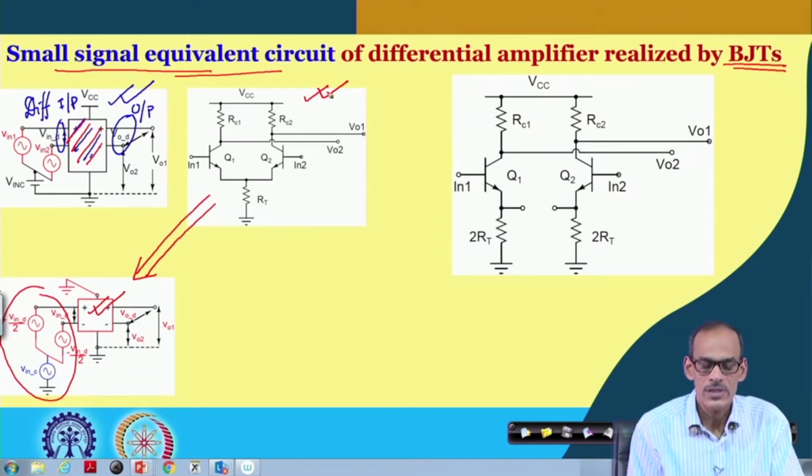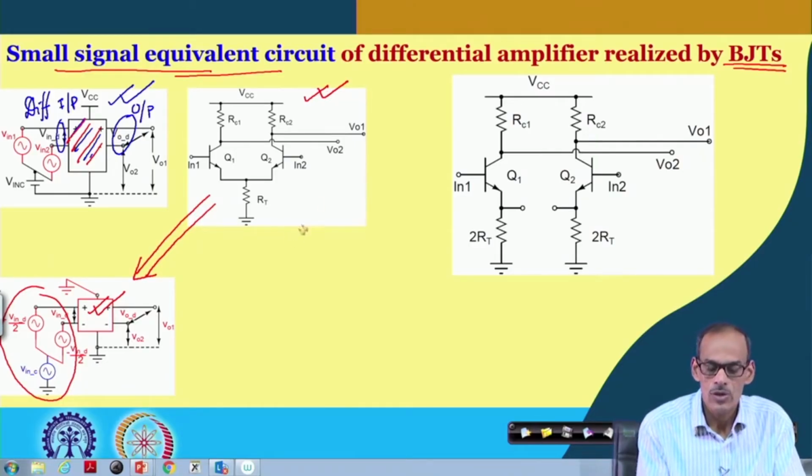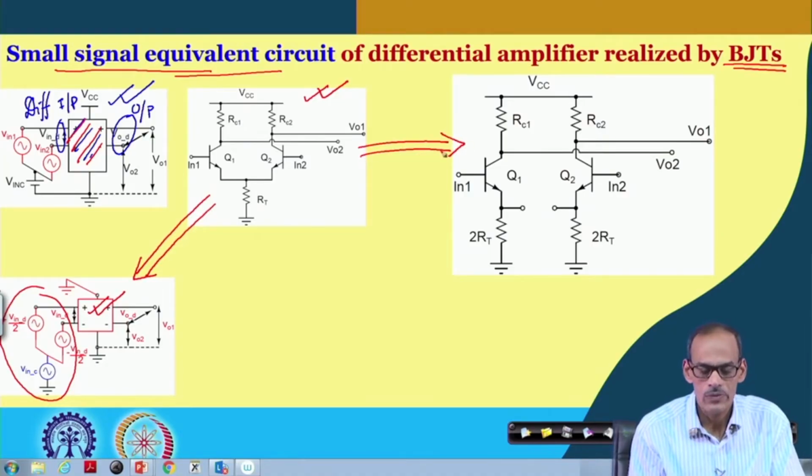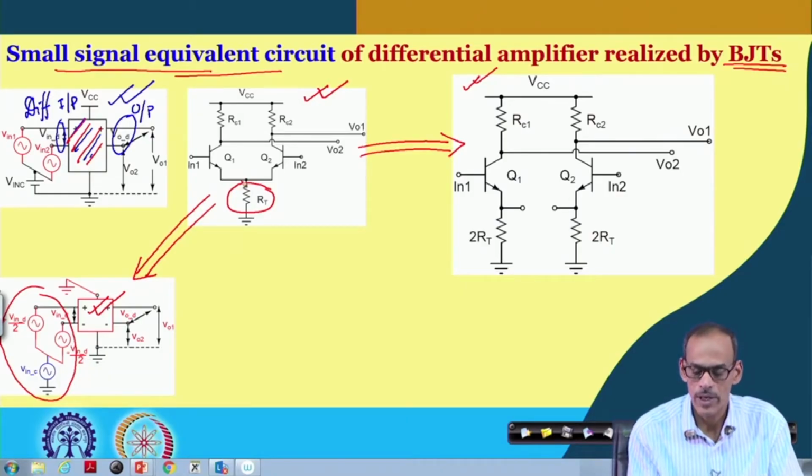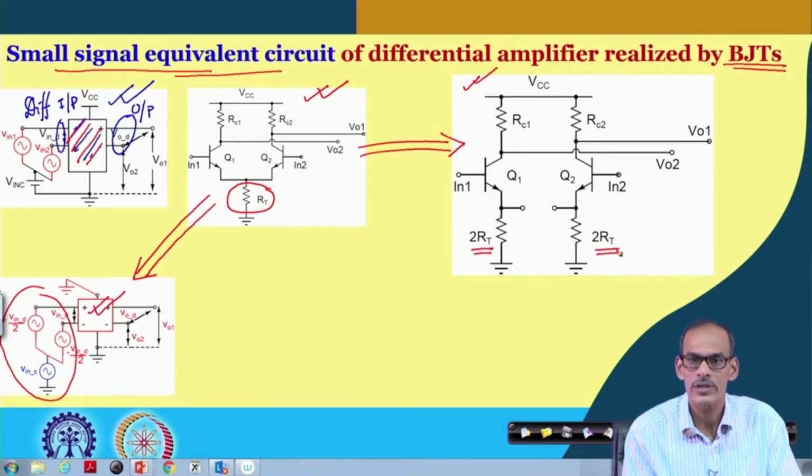Now, in our previous lecture, for better understanding of the circuit operation, we had an equivalent circuit. In fact, if you see, this circuit is essentially the same, except that this resistor has been split into two parts. One is 2RT connected to transistor 1, and the second one is 2RT connected to transistor 2, and we are keeping them disconnected.